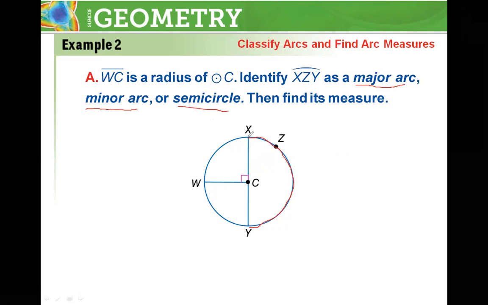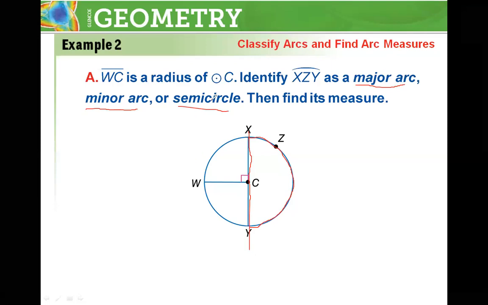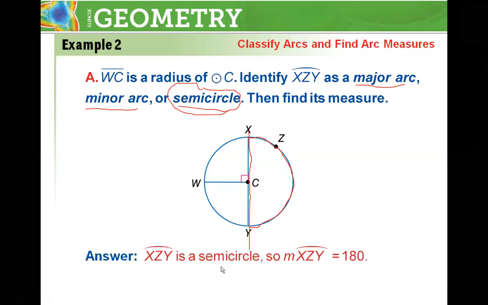It represents half a circle exactly. It's equal to 180, and it's called what? Major or minor or semicircle? It's called a semicircle. If it's equal to 180 exactly, it's called a semicircle, and its measure is 180.